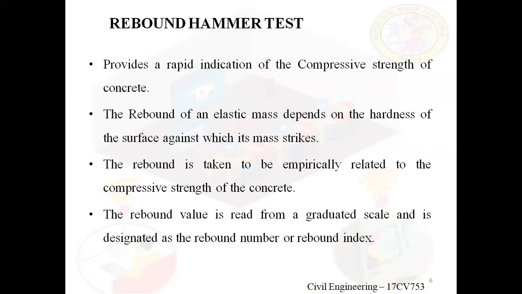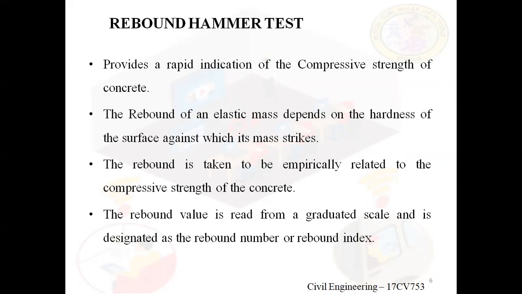Based on the hardness of the surface, which is because of the compressive strength of the concrete, it rebounds. Based on that, we find the rebound value. The rebound is taken to be empirically related to the compressive strength of the concrete, so indirectly we are finding the compressive strength.